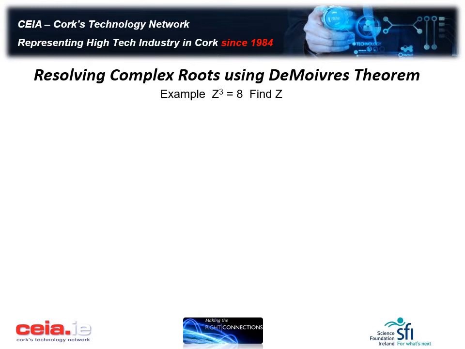More often than not, if it comes up, maybe you'll have a complex number and they will ask you to find, as in the case with the first example we did, z to the power of 6, but they won't explicitly mention using De Moivre's theorem as the means to do that.